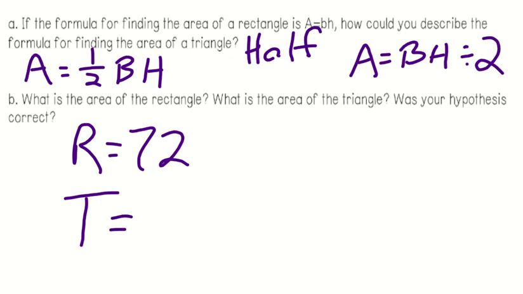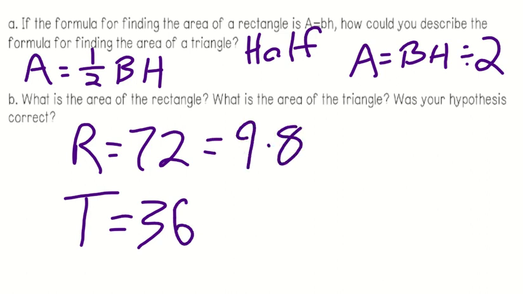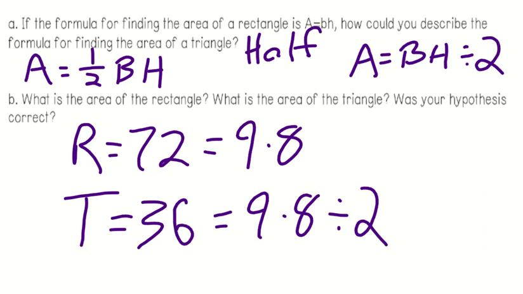What's our triangle then? 36. So for the rectangle, we did 9 times 8, right? For the triangle, we do 9 times 8 divided by 2. And that's how we got that 36.